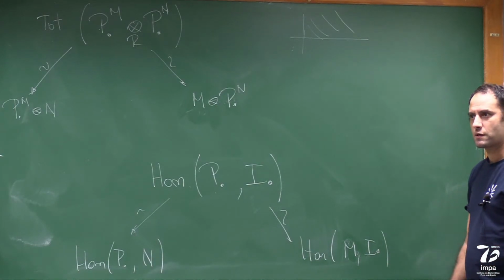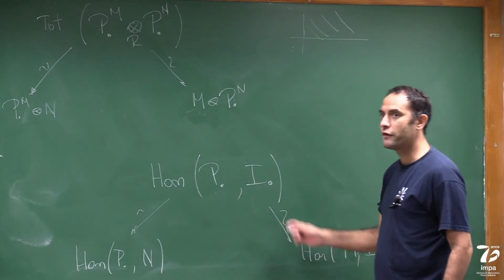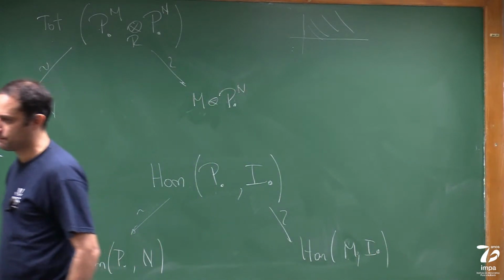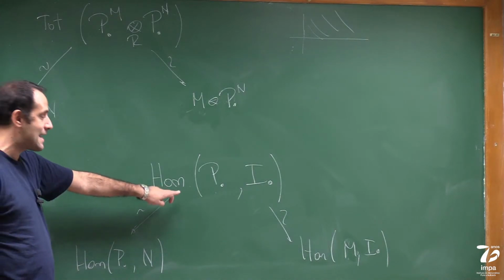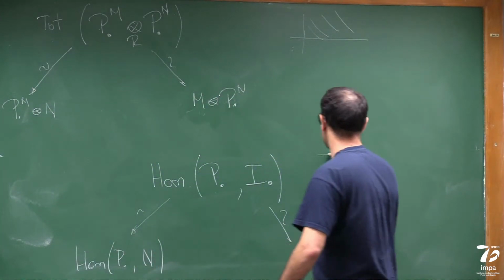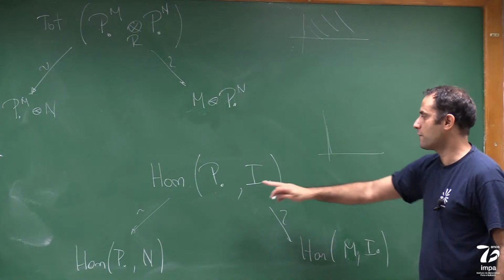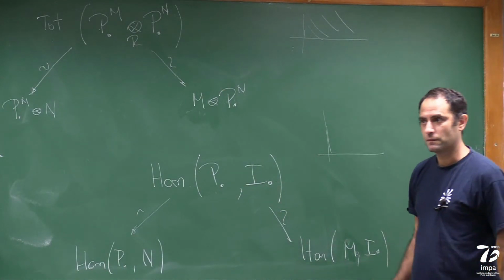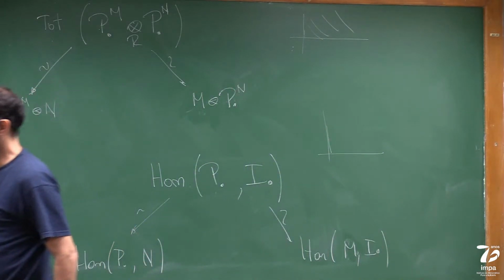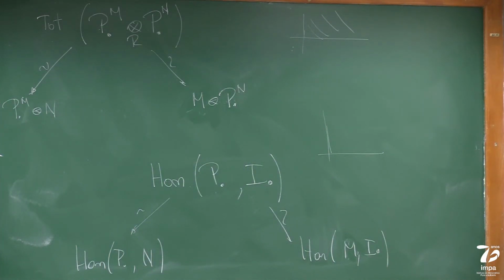And both of them are quasi-isomorphisms. So the proof is exactly the same thing. So the only thing to notice is that this double complex is again concentrated in one quadrant. This only makes sense for positive indexes here and positive indexes here. Okay, so we know now how to compute some Ext groups, so let's compute some.